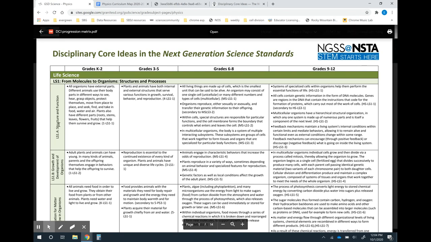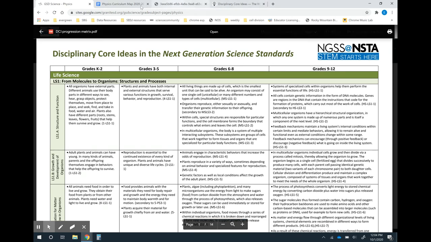Most of the core ideas get hit in every single grade band. And so this matrix is helpful for me as a teacher in knowing what my students should have learned in the past, and also for middle school teachers knowing what they are supposed to learn in high school so that I'm not stepping on the high school teacher's toes.